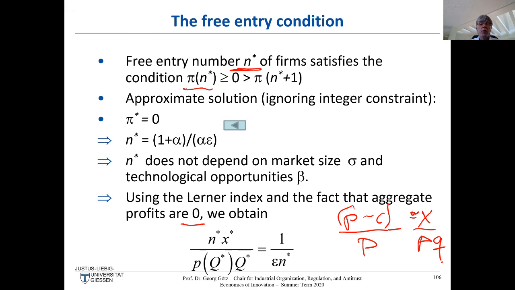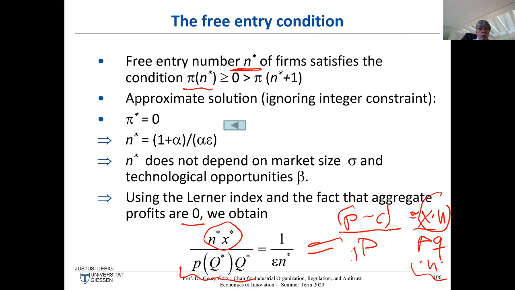Then we multiply the right-hand side by n, or expand the right-hand side by n over n. So we get n times X here, and P times Q times n, which is Q times n, is just aggregate Q. So we get on the right-hand side what we have on the left-hand side, and here we have the Lerner index, which is identical to that.